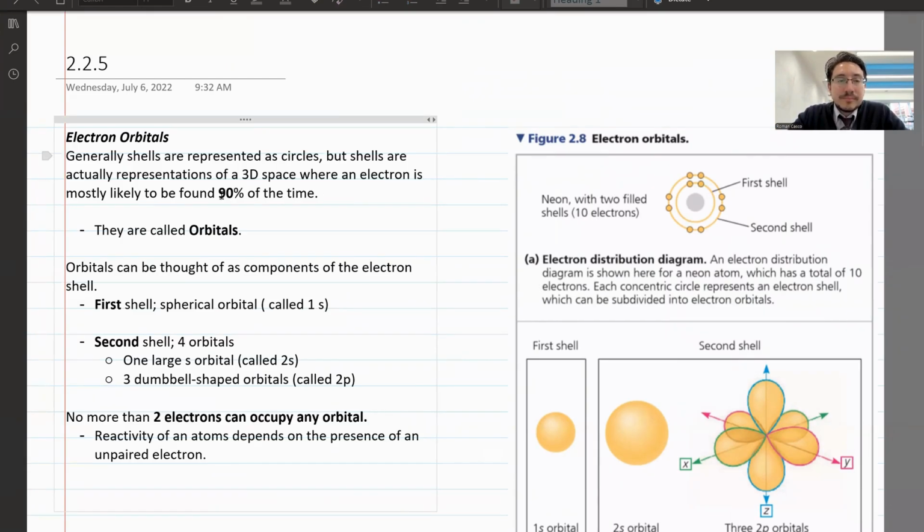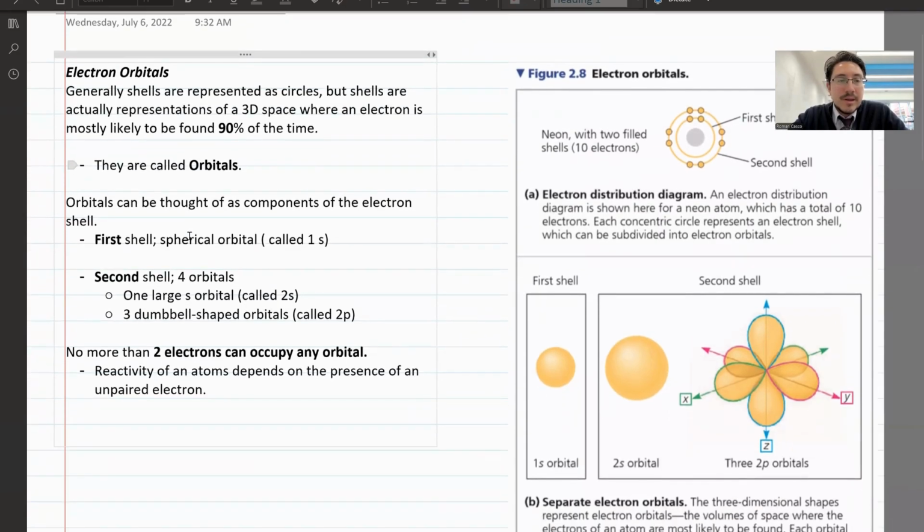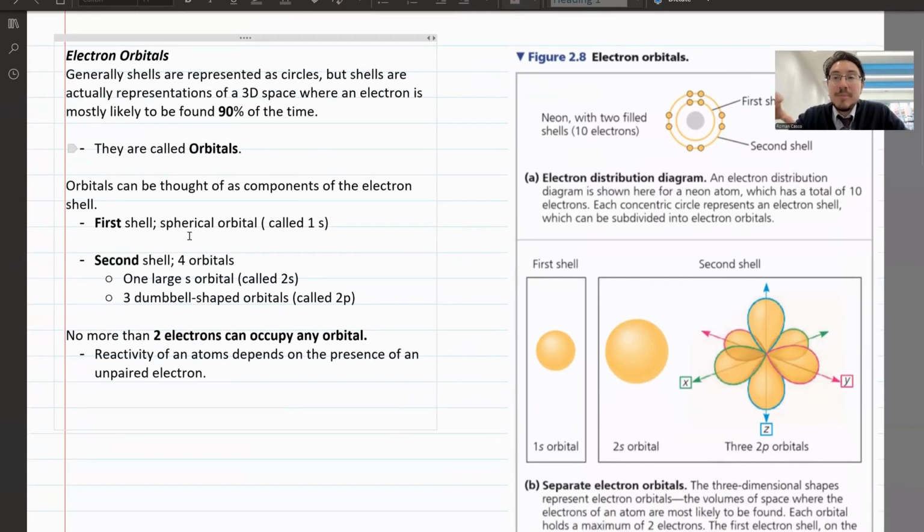They're representations in a 3D space where an electron is most likely to be found 90% of the time. Orbitals are often thought of as components of electron shells.